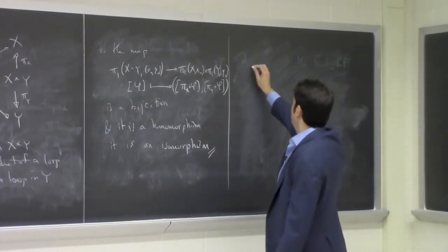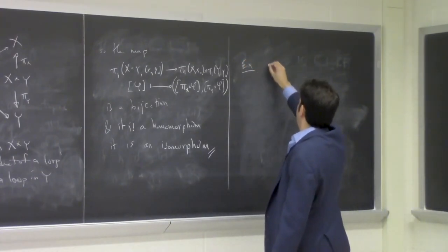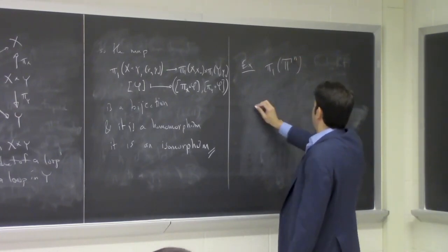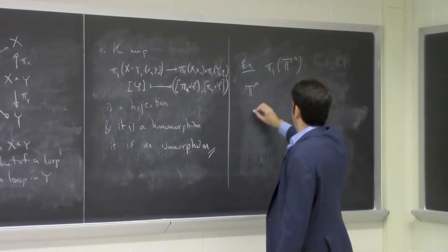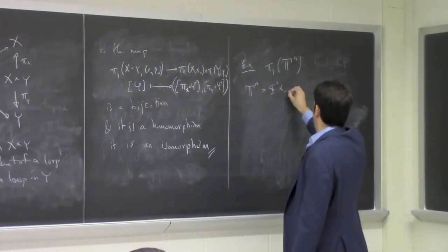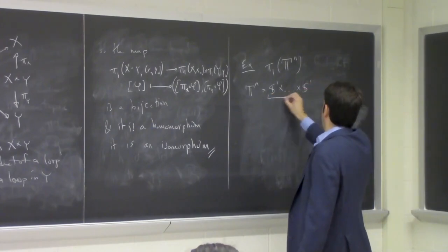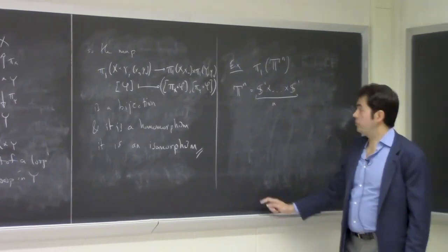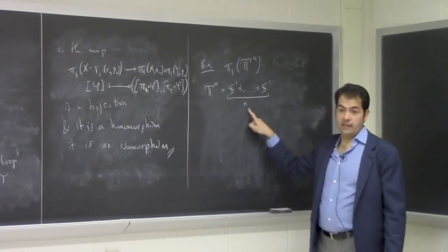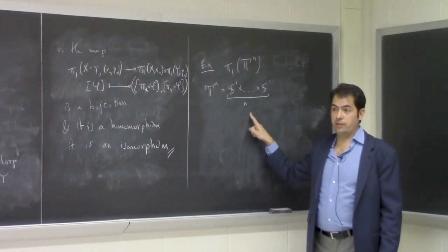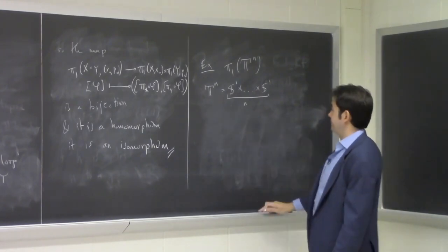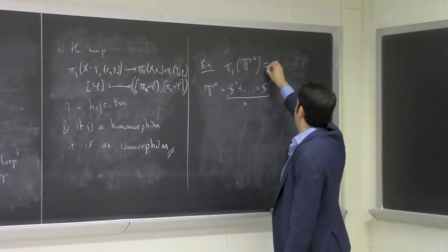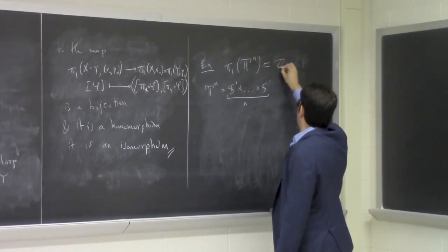So that gives us a few more examples. That means that the fundamental group of the n-dimensional torus, which refers to S1 cross itself n times, is equal to Z to the n. We use T instead of S because S to the n means the n-dimensional sphere, and to avoid confusion we use this.